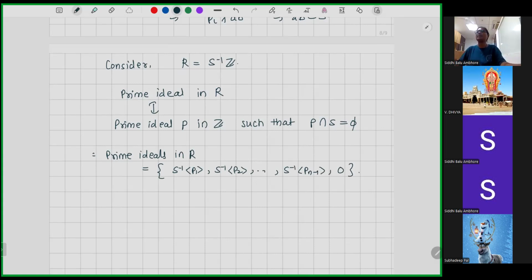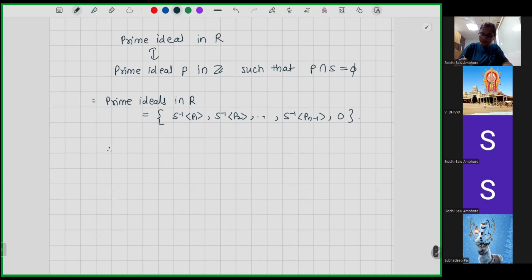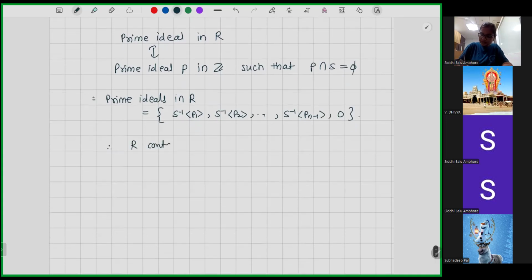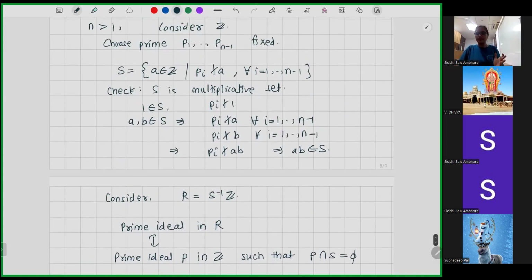So 0 is a prime ideal. Therefore, this R contains exactly n prime ideals. Any doubts here? We generated a multiplicative set such that it omits those primes, which gives me the spectrum in the localized ring. Any doubts?